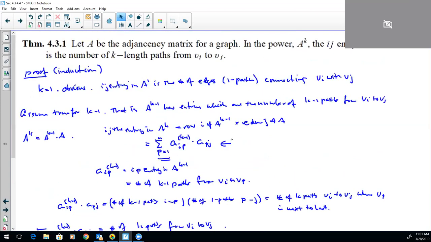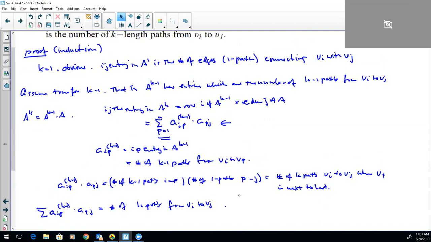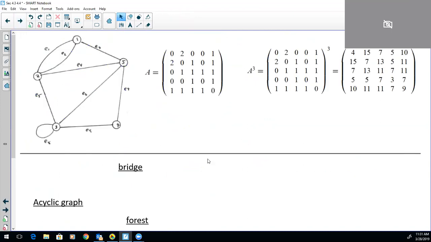I was a little short on some of the reasons. But the interesting thing is, when we take our adjacency matrix and raise it to powers, we get great information. So as an example, let's go back to our previous 5 vertex problem. Here's the adjacency matrix.